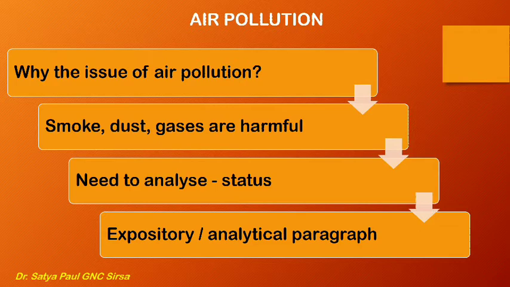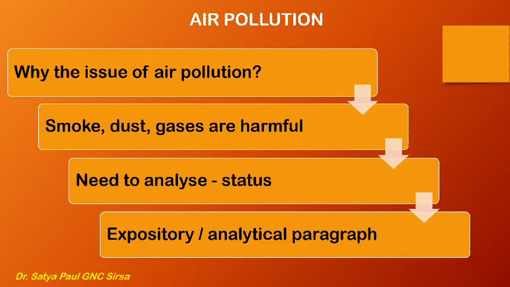As I told you in my last lecture about the types of paragraph, where we discussed expository, analytical, argumentative, and many other types, I'm trying to determine which type of paragraph I'm going to write on air pollution. We can write an expository paragraph where we define what air pollution is, only defining something.